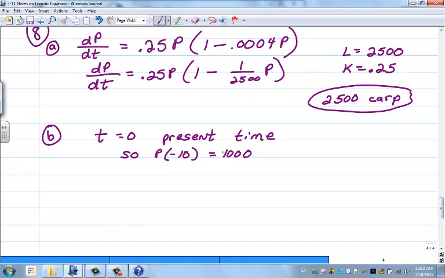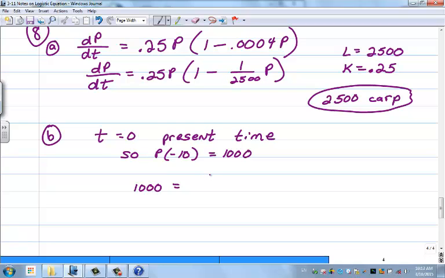I'm assuming it has something to do with the present time, though. So P of negative 10 is equal to 1,000. So we're going to take that 1,000, and we are going to set it equal to our equation.